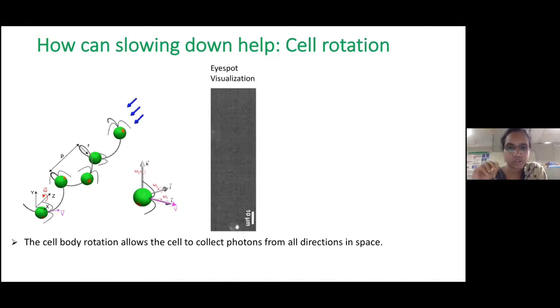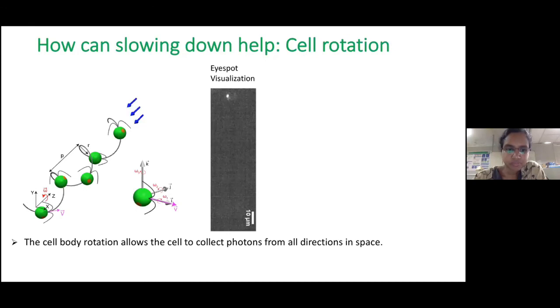You can visualize this rotation of the eye spot by using polarization microscopy, where the eye spot appears as a bright object and the cell body remains dark. I'll play this movie and you can see that the eye spot will rotate, going from one side of the cell to the other side as the cell moves in the field of view.